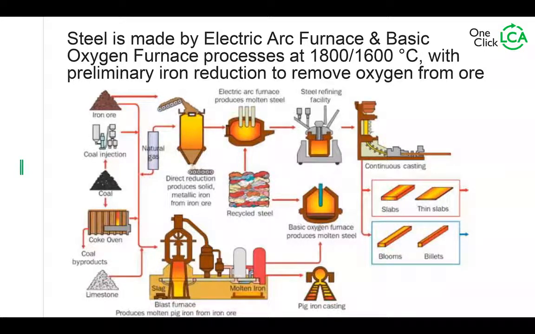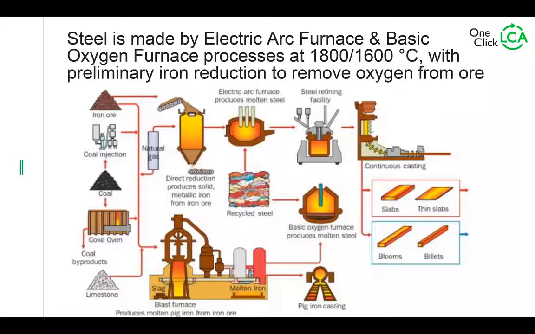And before you can make steel, you need to get metallic iron, which is not a mixture of iron and other things. And you do that in a pre-process, which can be either blast furnace or it can be direct reduction process. And in there, you actually use reduction gas to remove the oxygen from the ore.